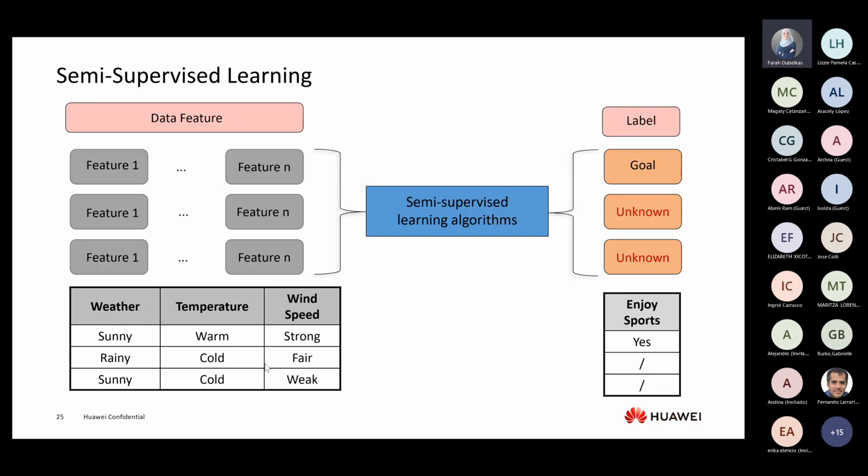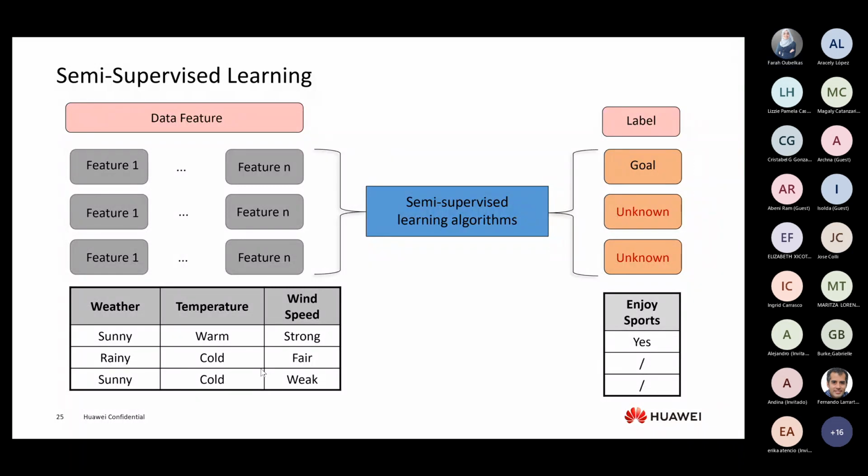Now, what is semi-supervised learning? It is a mixture of the supervised and unsupervised learning. We have a small data set that we label, and we have other data that we don't label.